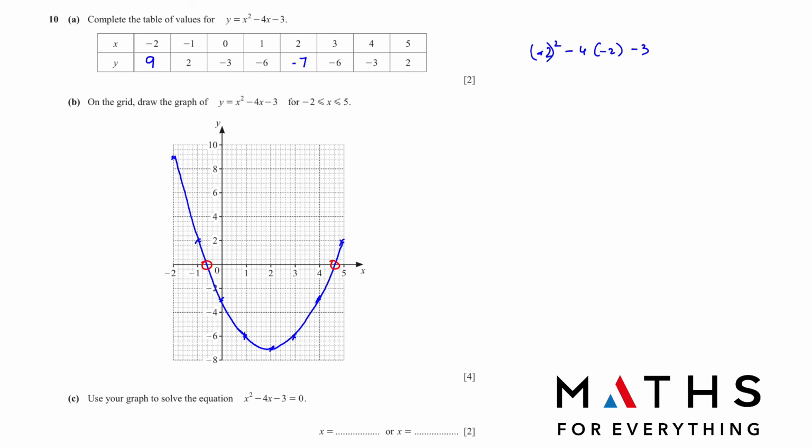This will give us x is equal to negative 0.5 and x is equal to 4.5. If your answer is anywhere between negative 0.5 to negative 0.8, it is fine. Same way anywhere between 4.5 to 4.8, it is fine.